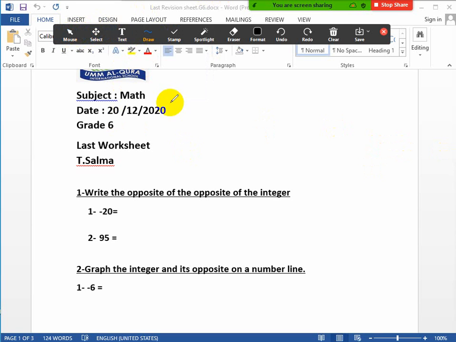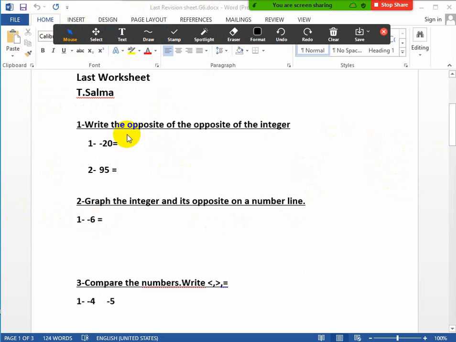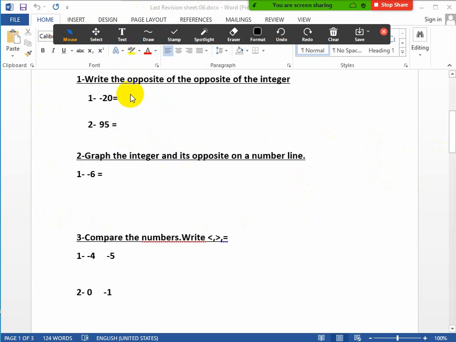So, the first lesson, as you asked me, Selma, is about the opposite and the opposite of the opposite. So let's solve the first question. This worksheet I sent yesterday, I think, on the group. The worksheet and the answers, you can find on the platform in your accounts.